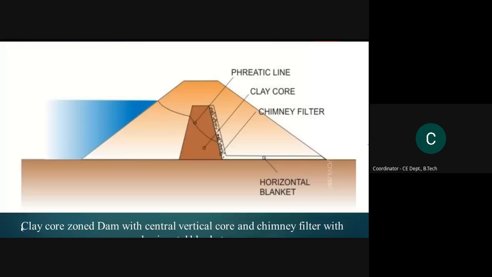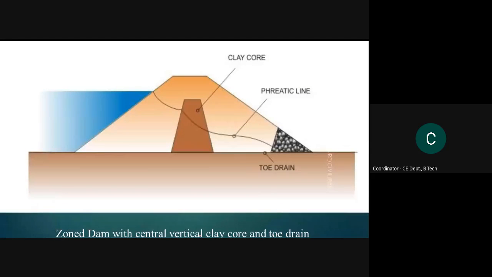This dam is a zoned dam with central vertical clay core and toe drain. As you can understand by its picture, this is a zoned dam. Why? Here the central core is provided. The central core is constructed using clay material.